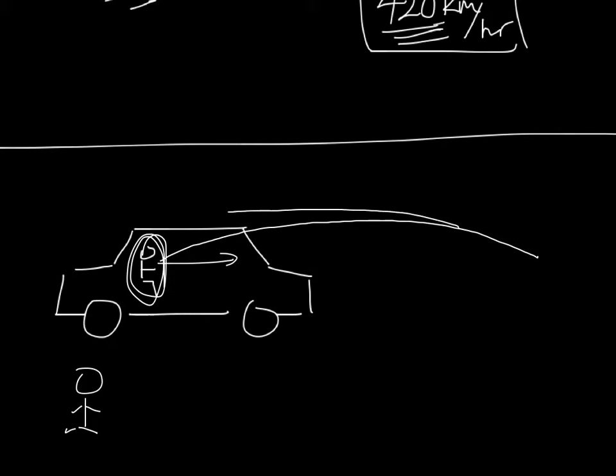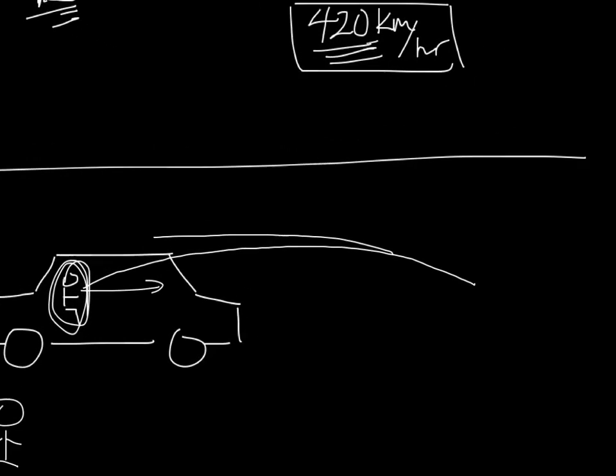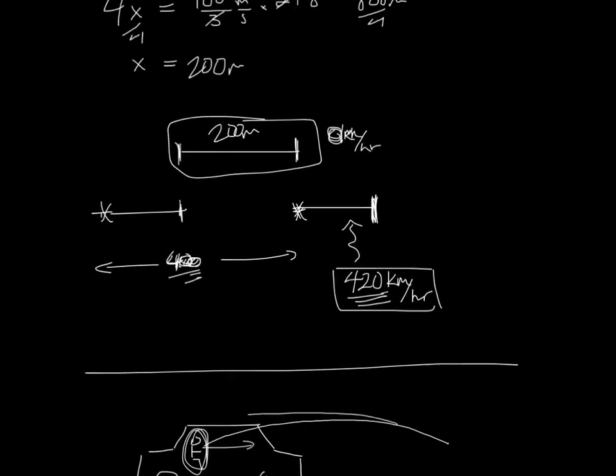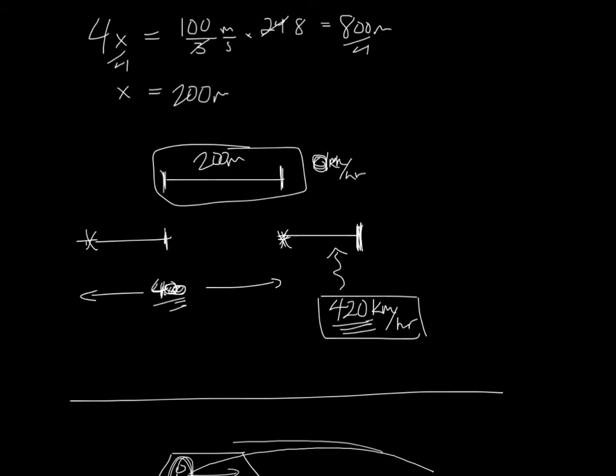Do you see what I mean? So we are pretending in this situation, our frame of reference is that we are on this train and we are standing still. Right. And we're asking how long does it take this train to pass us at 420 kilometers per hour.